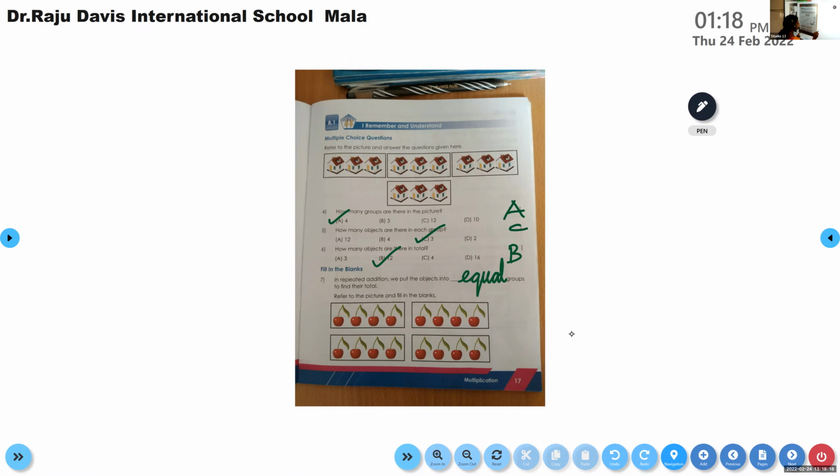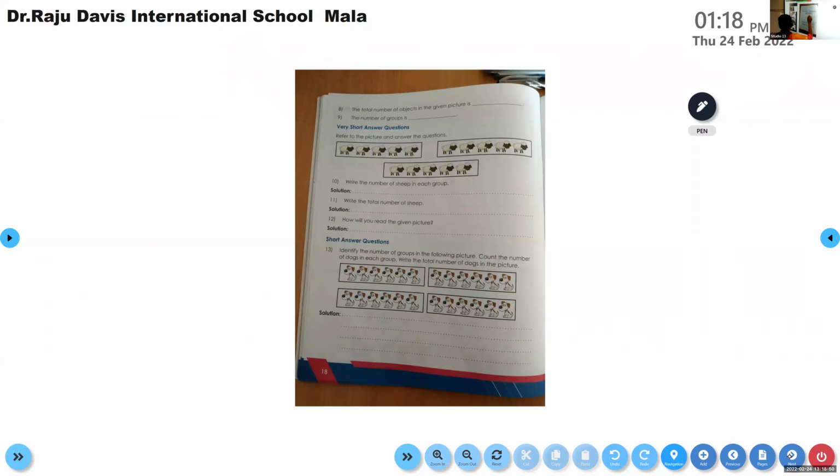Okay, so 4 groups are there and each group having 4. So 4 into 4. What is the answer? 1 4 is 4. 2 4s are 8. 3 4s are 12. 4 4s are 16. Very good. So let's move to the next page and we can write the total number of objects in the given picture is 16.